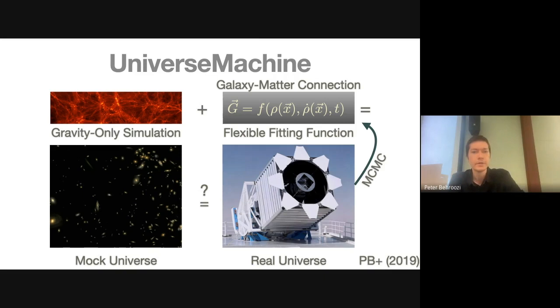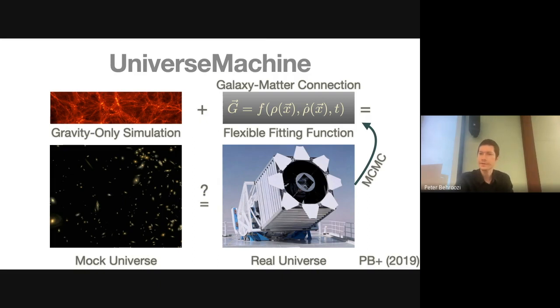Okay, so the summary of how that works is we start with a gravity-only simulation, which tells us where all the matter in the universe is clustering. And we try to model the relationship between galaxies, which I've represented by this vector G here, and the distribution of matter in the universe, how fast that distribution is changing, this rho dot here, and then the age of the universe.